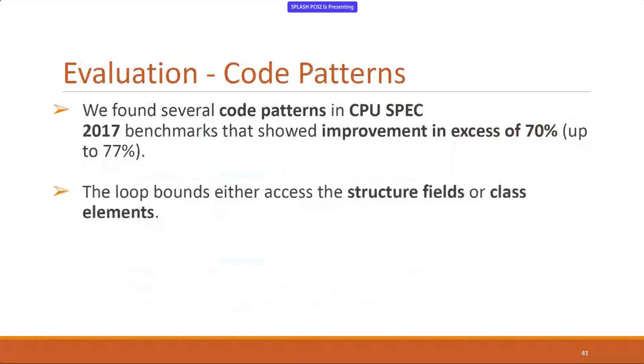Further, we found several code patterns in Spec benchmarks where the loop bounds are not loop invariants. This indicates that these are frequently occurring cases in real-world applications. Many code snippets resulted in a performance benefit of more than 20%, with a maximum of around 77%.